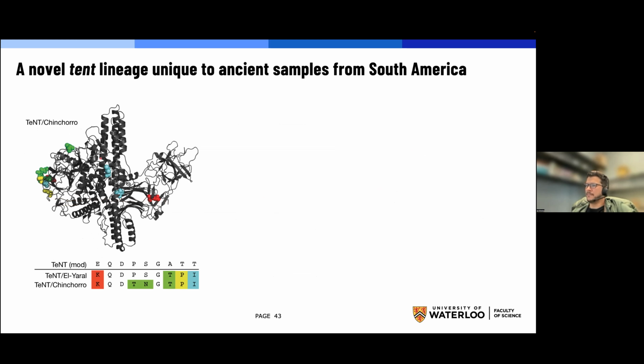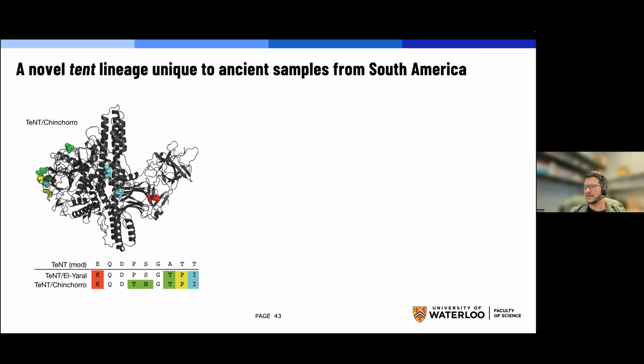Okay, and not only that, but some of these substitutions are shared between different ancient toxins that we've reconstructed. So here I'm just showing you a segment from modern tetanus toxin, and then below I'm showing you the same segment from two of the ancient toxins that we've reconstructed from ancient DNA, and you can see that they share several substitutions that are completely unique to these ancient samples.